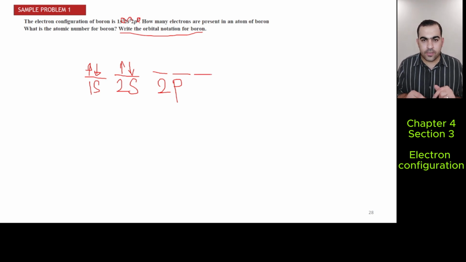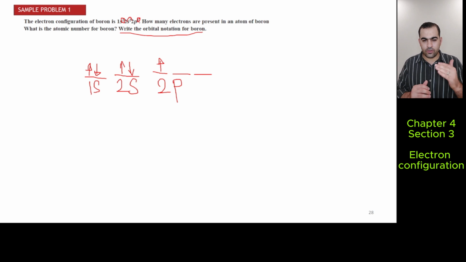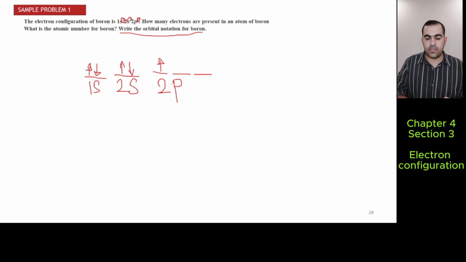If there are electrons in 2p, you must write all the orbitals, even if one does not contain an electron. And here it has 1 electron, so we start from the left side and put 1 arrow upward in the left orbital. You must write all 3 if there's an electron in the 2p or 3p or any other sublevel.